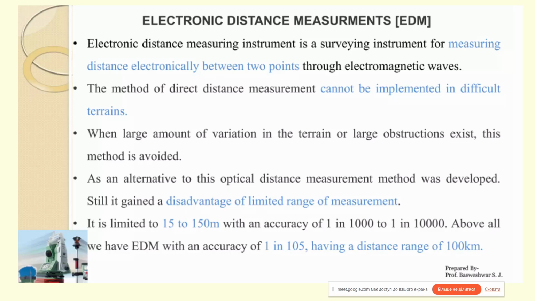It is limited to 15 to 150 meters with an accuracy of 1 in 1000 to 1 in 10,000. Above all, we have EDM with accuracy of 1 in 10^5, having a distance range of 100 kilometers.